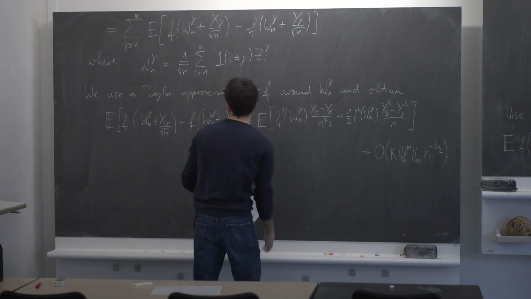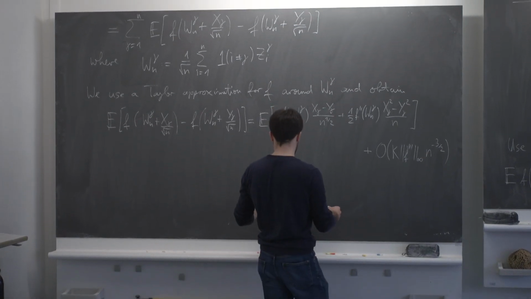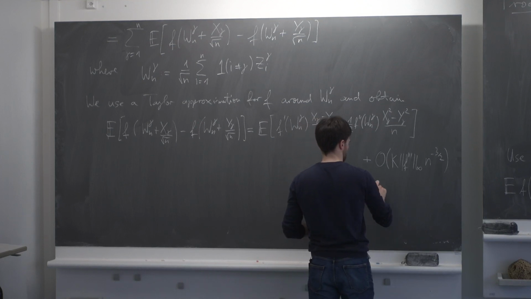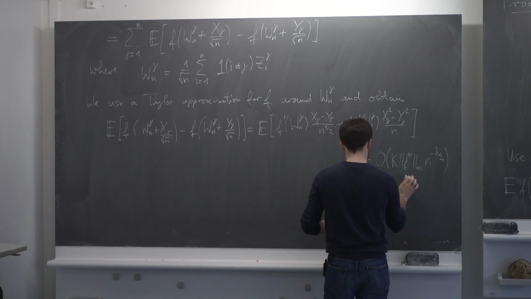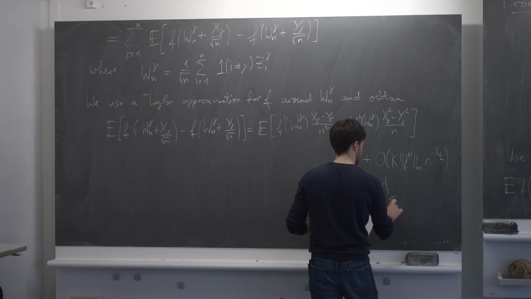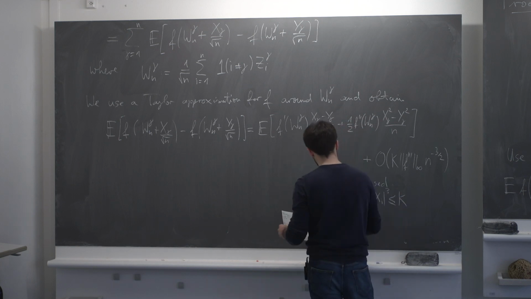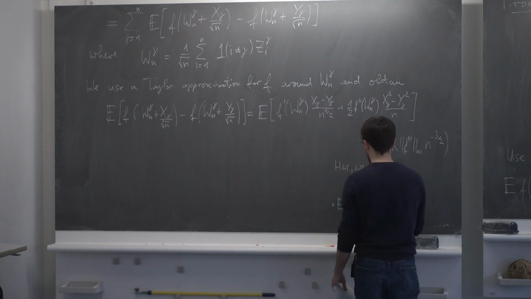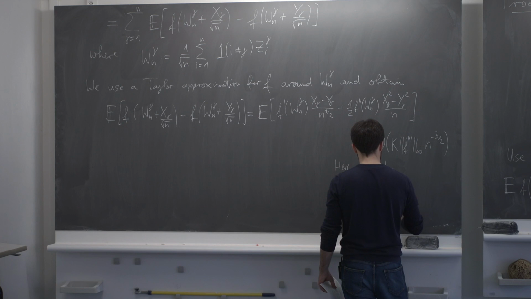But now, maybe I should first remark. Here we used the following things. We used that the third moment of x is bounded, and one has a similar bound for the y, which comes from the fact that y is Gaussian. Because y is Gaussian, I can control the third moment by the second moment to the 3/2.